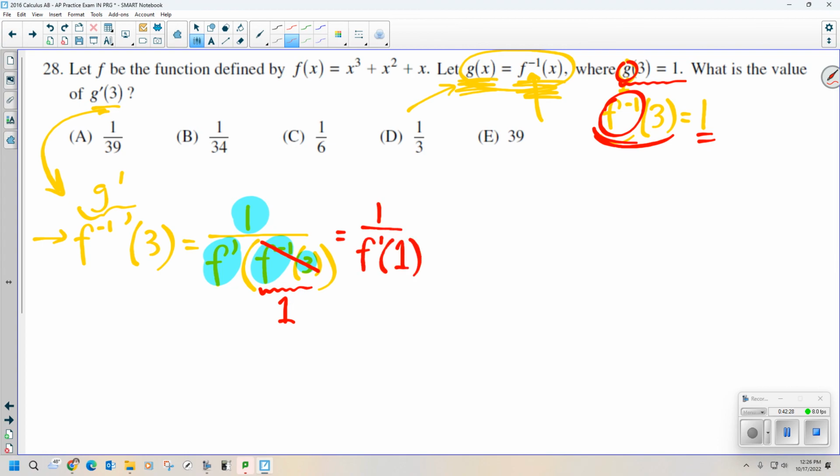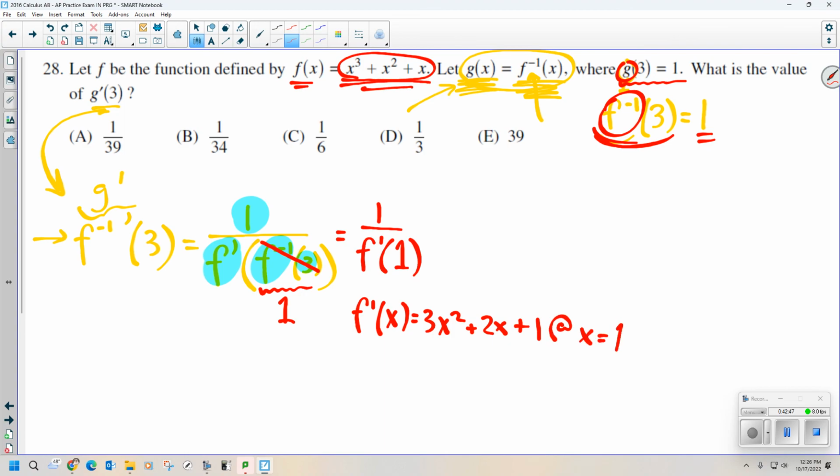And that's the hardest part of these whole problems. Why? Let's just take the derivative of f. Okay, the derivative of f is 3x squared plus 2x plus 1. I want that at x equals 1. And that's going to go in for this bottom right here, the denominator.